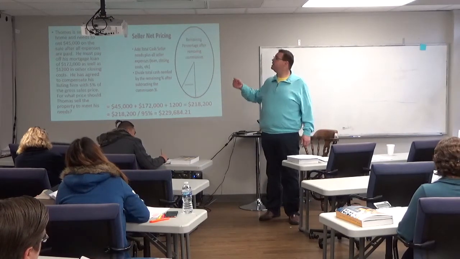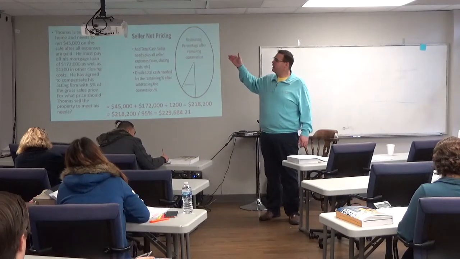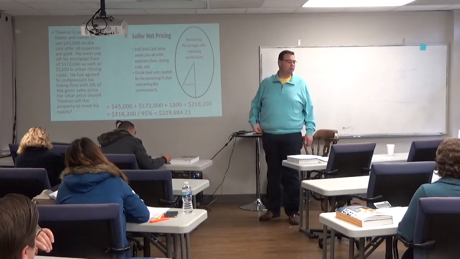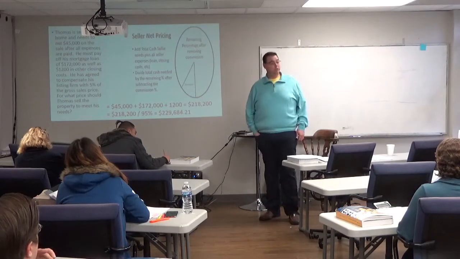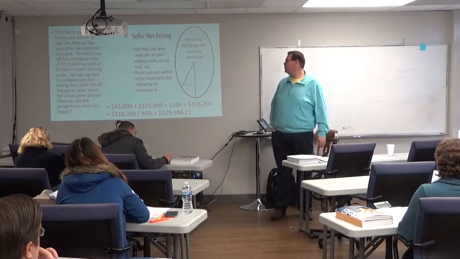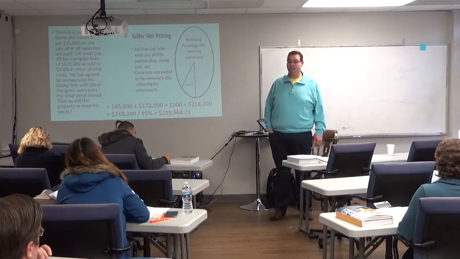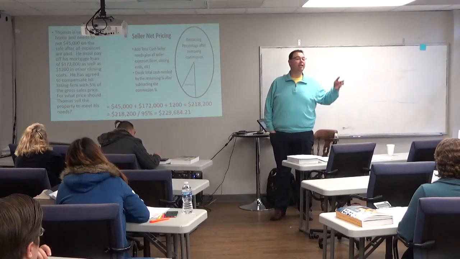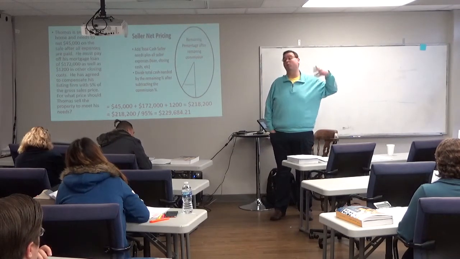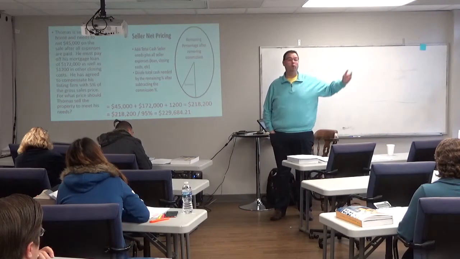So in order to get that seller at least $45,000, we've got to sell his house for $229,684.21. Anything less than that, and we're not going to meet his net. Anything more than that, and we're going to exceed his net. We're going to go over, which is fine.